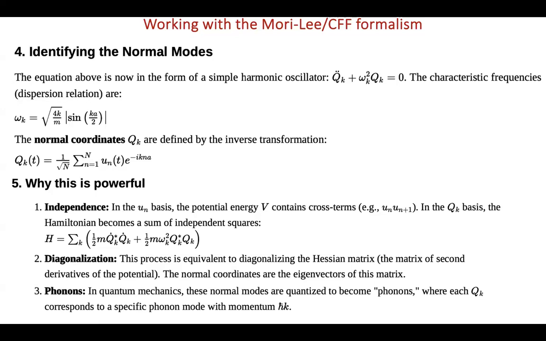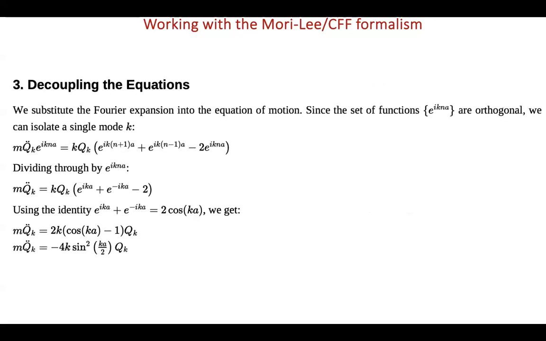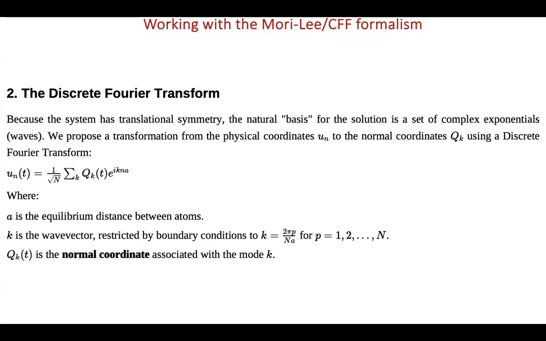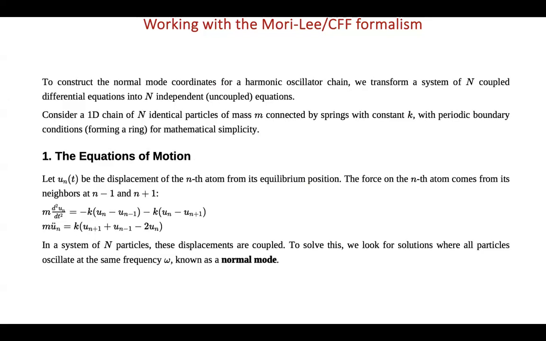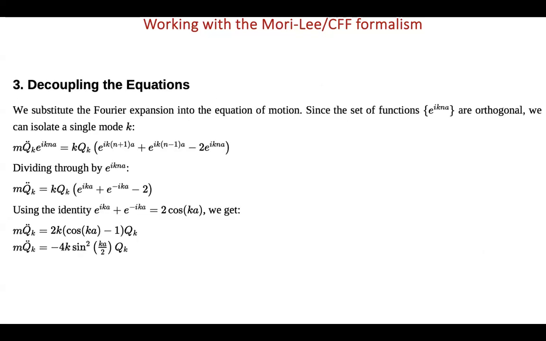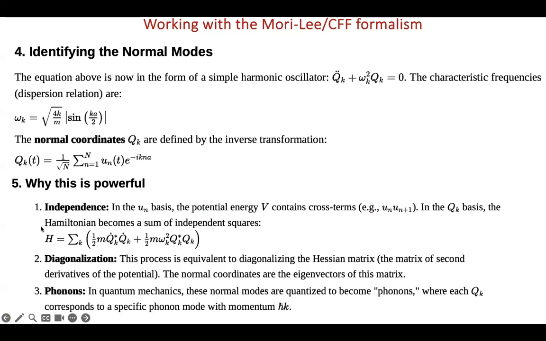So if you actually substitute the qk formula into the un formula, let's go back to the Hamiltonian, I'll show you. I didn't quite write the Hamiltonian, but if you write it out, you will get exactly the Hamiltonian in this form.